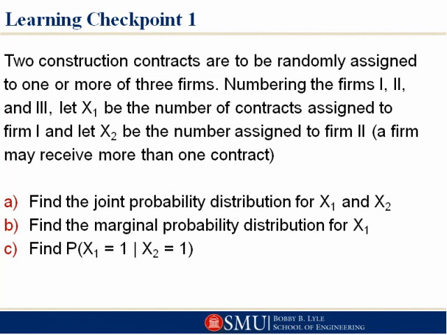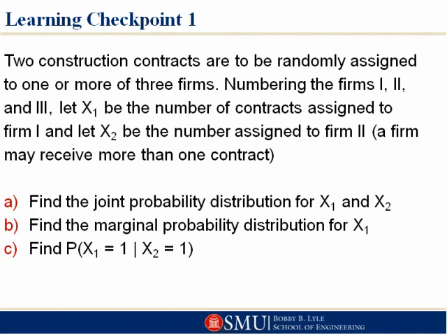Find the joint probability distribution for x1, the number of contracts assigned to firm 1, and x2, the number of contracts assigned to firm 2. Find the marginal probability distribution for x1, and then find the conditional probability. What's the probability that firm 1 receives one contract given that x2 has already received one contract out of the 2?